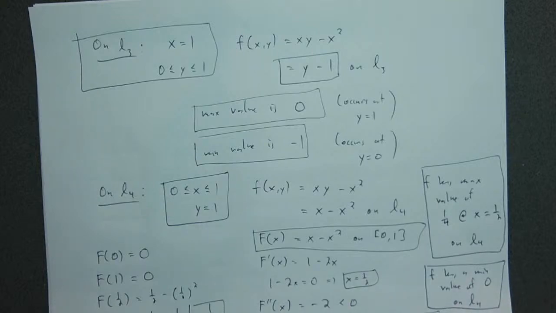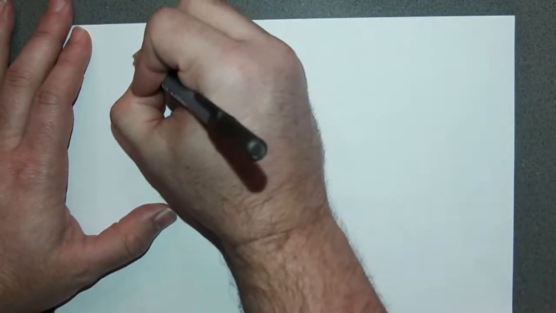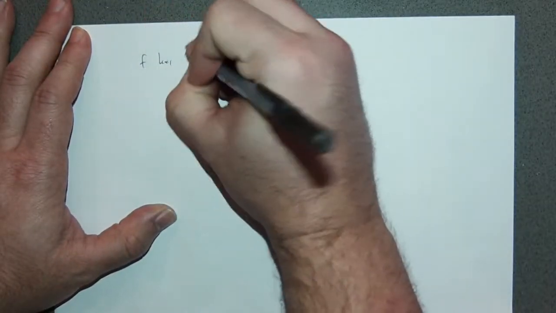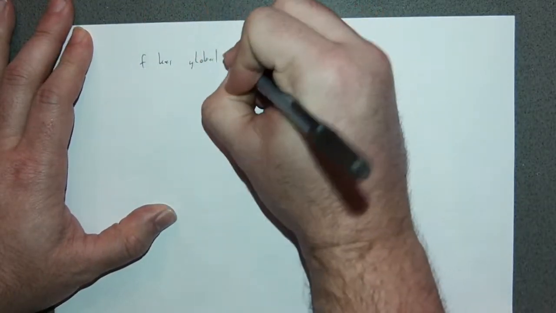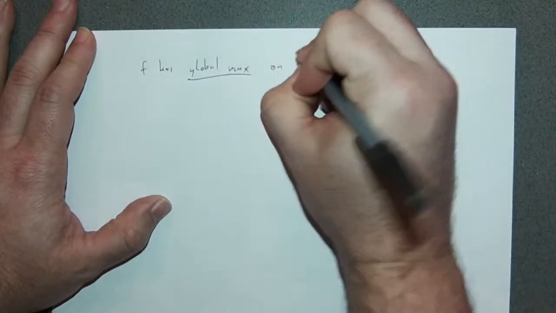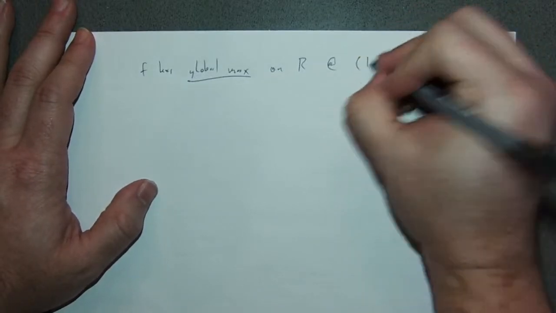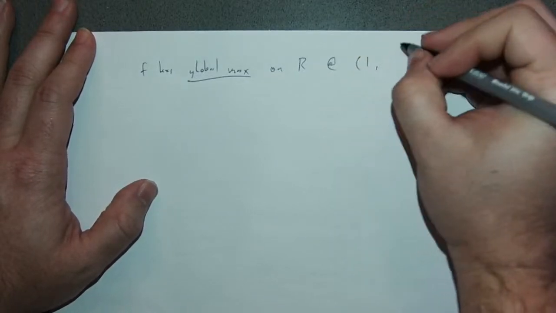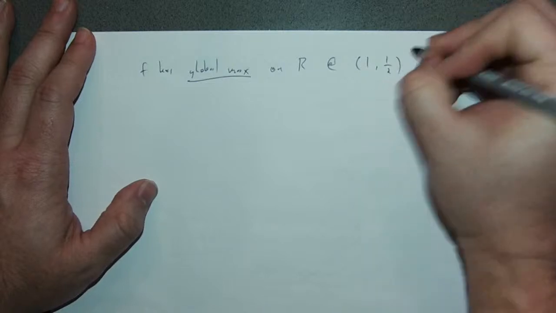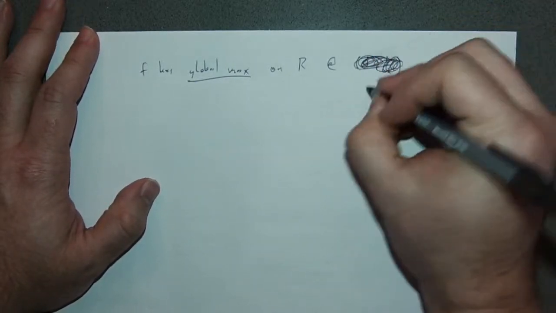So what is the global max for f on R? 1/4. What's the global min? Minus 1. So therefore, f has global max on R at the point y equals 1, x is equal to 1/2. Sorry, literally the opposite thing. There, I swapped my x and y.